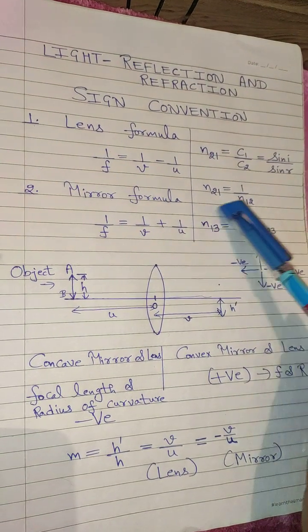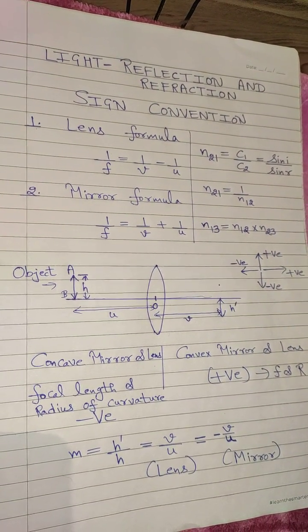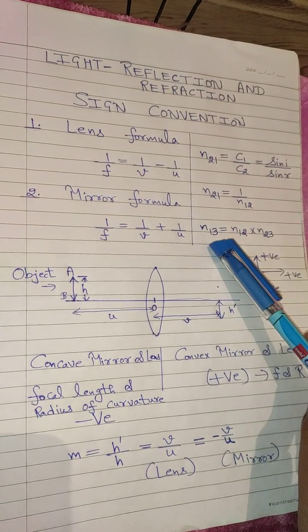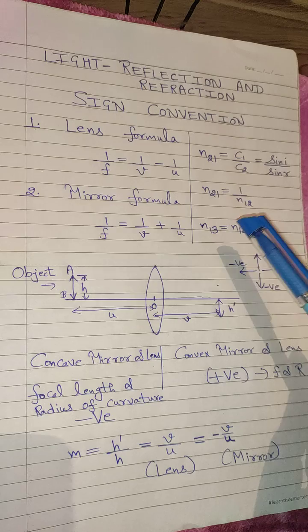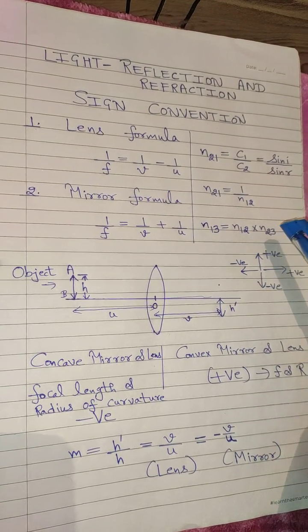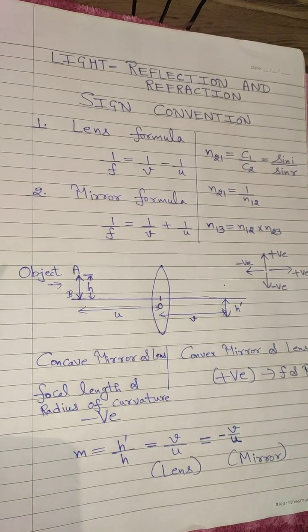This will be the formula: n13 = n12 multiplied by n23. It means the refractive index of medium 1 with respect to medium 3 is equal to the refractive index of medium 1 with respect to medium 2 multiplied by the refractive index of medium 2 with respect to medium 3.